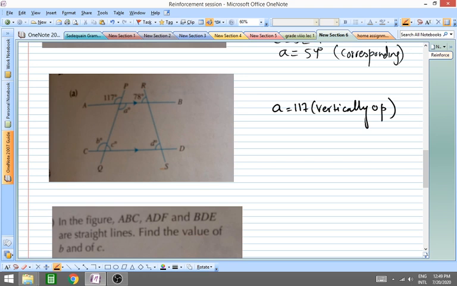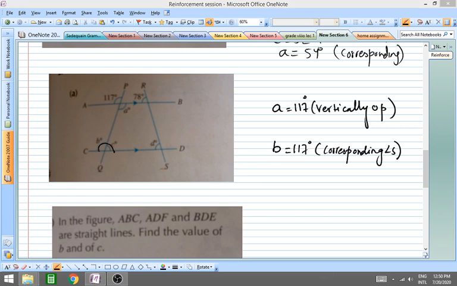Now let's say I try to find out the value of B. I know that again by the definition of corresponding angles, your B would be equal to 117 degrees. Why? By the definition of corresponding angles. Now if you try to find out the value of C, you know that it's a straight line, so these two sections will add up to 180 degrees.